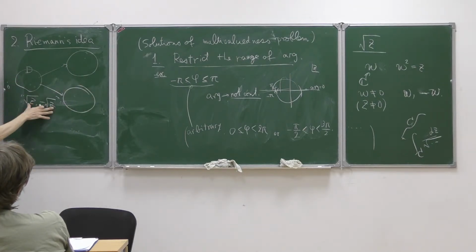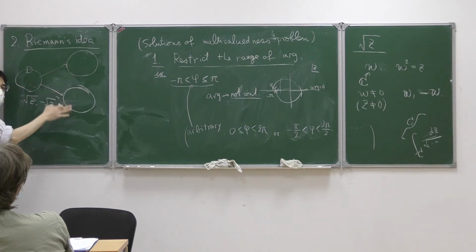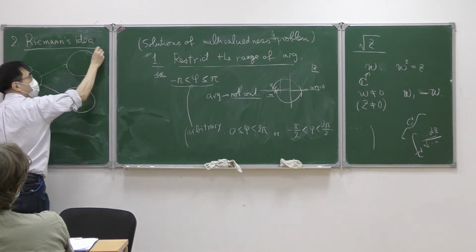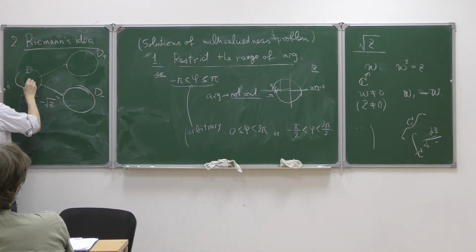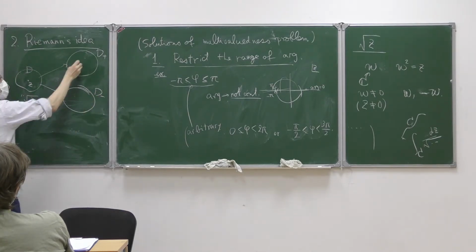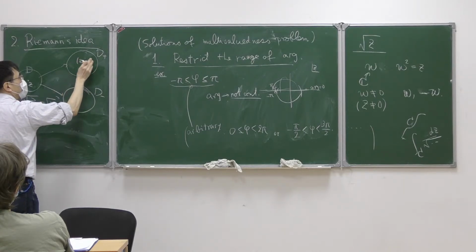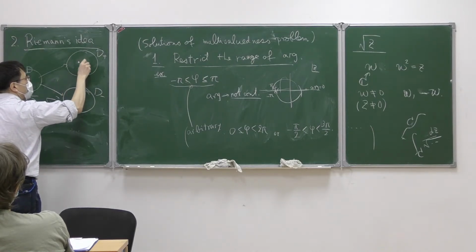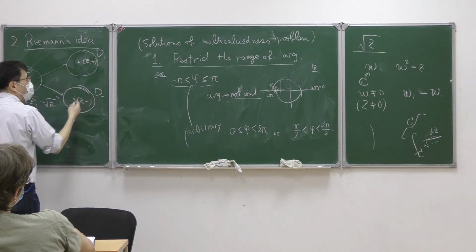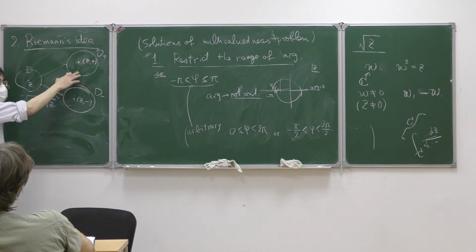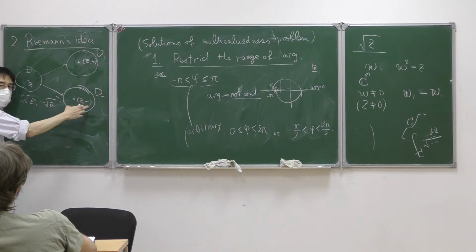Since we have 2 values, let's define each of them on a different domain. Correspondingly, name each point in this domain z plus, and here z minus.